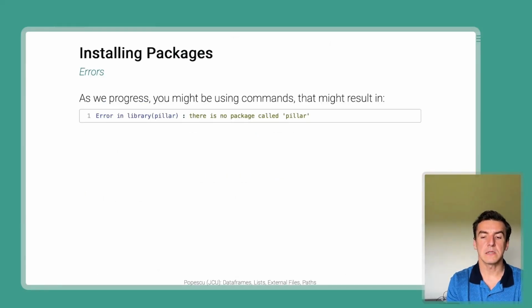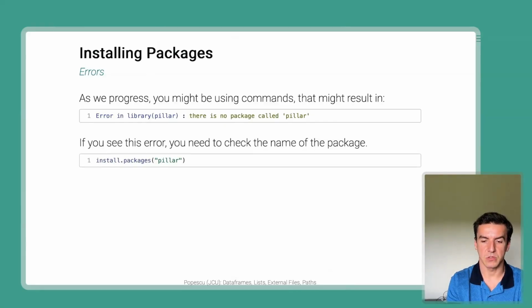Okay, if you get an error, something like this, error in library pillar, there's no package called pillar, this means that you haven't specified the name of the package correctly. So you have to make sure that is indeed the name of the package. In this case, I just installed it using quotations.